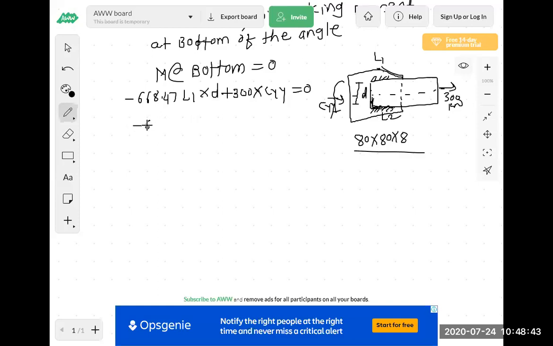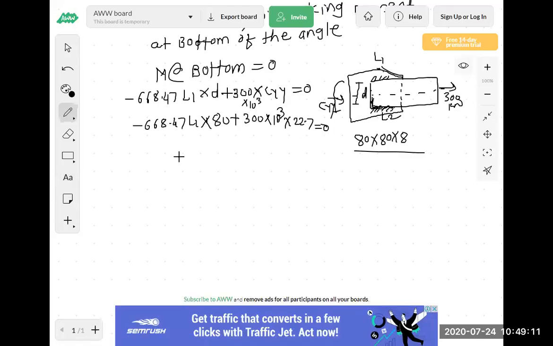Now minus 668.47 L1 into D, depth of section is 80, plus 300 into 10 raised to 3 into 22.7 is equal to 0. So do the calculation. 668.47 L1 into 80 is equal to 300 into 10 raised to 3 into 22.7.